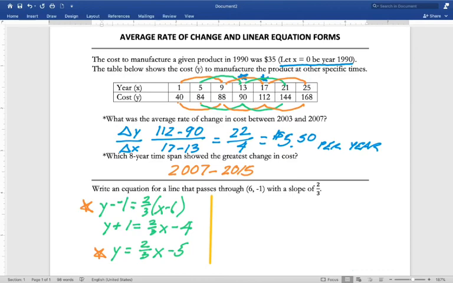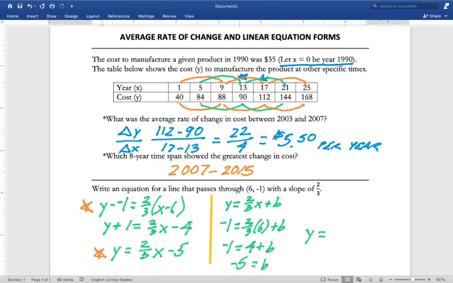That process would be y equals m times x plus b, which is unknown. So if I put the y value in, -1, and the 6 in for the x value, I get -1 equals 2/3 of 6, which is 4, plus b. And if I subtract 4 from both sides, I get b is equal to -5.